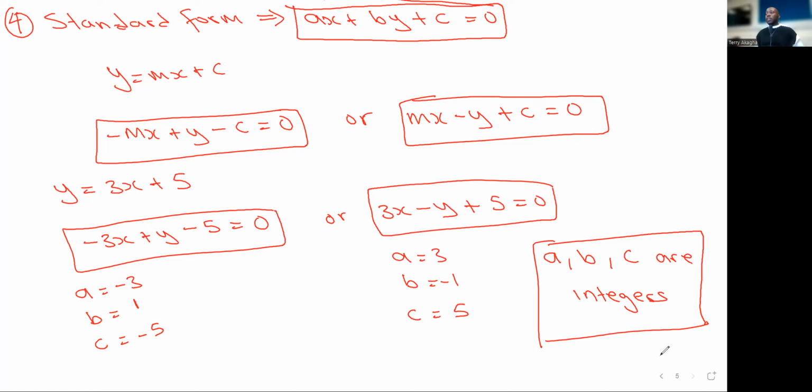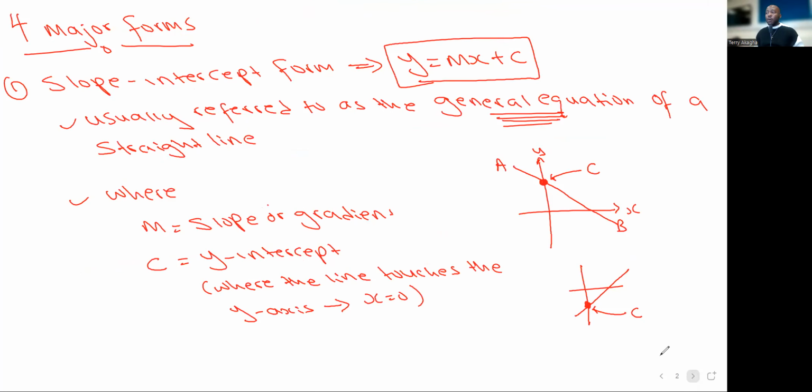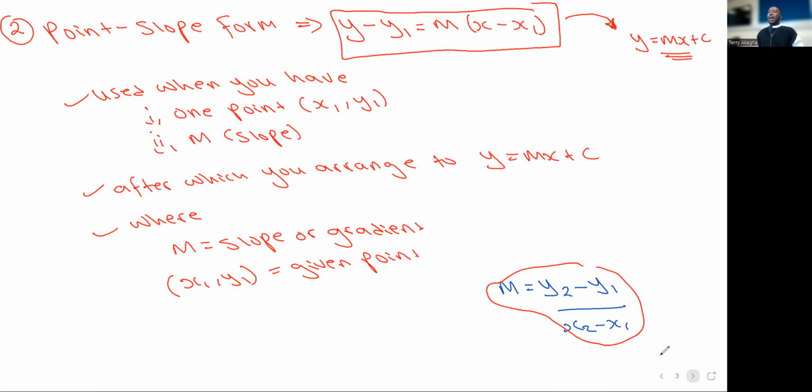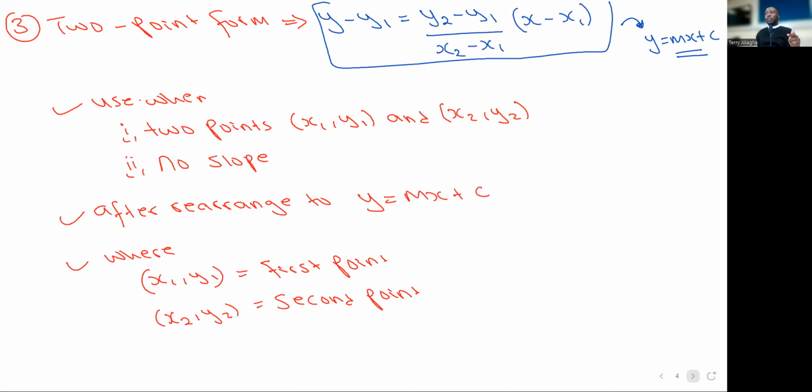So these are the 4 major types. We have the slope-intercept form, which is y is equal to mx plus c. We have the point-slope form, which is y minus y1 equals m times x minus x1. In this form, you only have 1 point and the slope, okay? In the 2-point form, you have the 2 points, but the slope was not given.